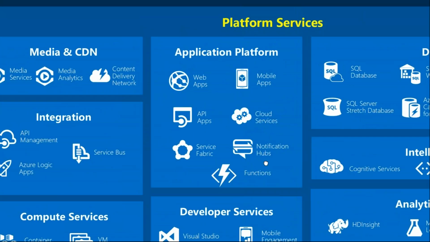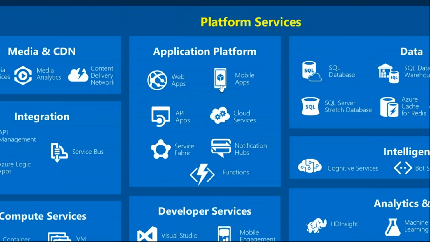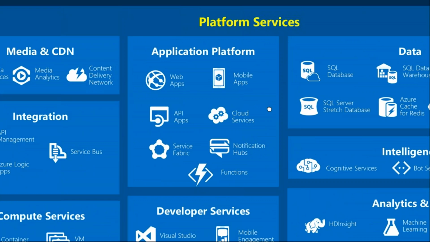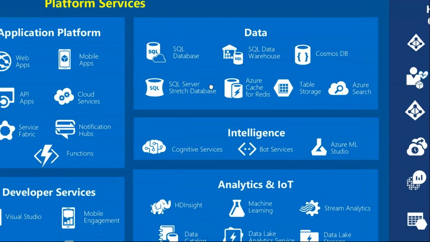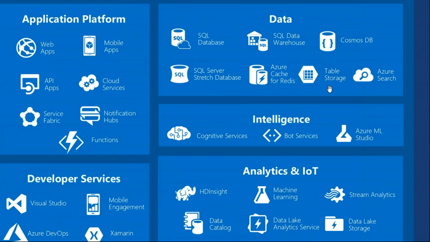We have application platforms. You can build web apps and mobile apps, cloud services, API, all of the data that we can store. We can build SQL servers, we can build data warehouses, we have Cosmos DB, SQL Server Stretch. We have table storage, which is specific for storing NoSQL from Cosmos DB.